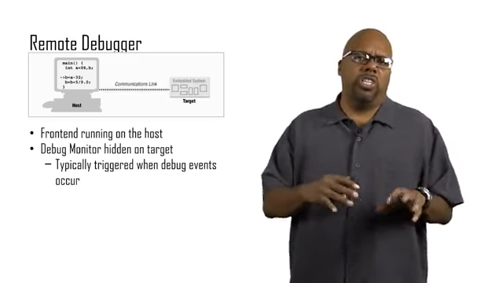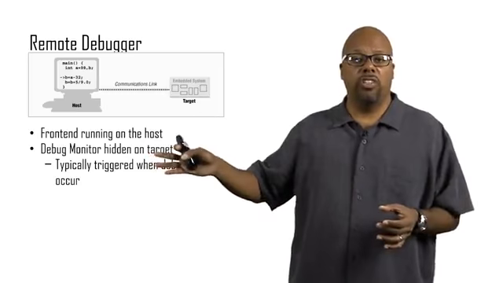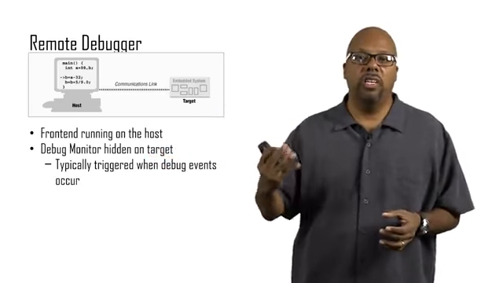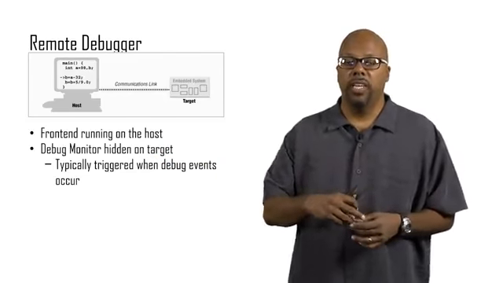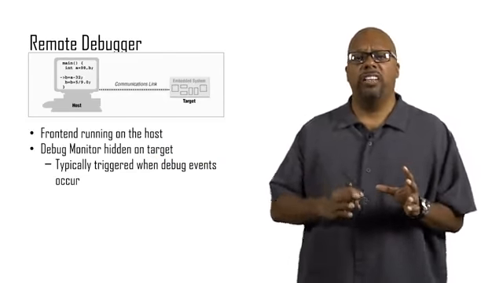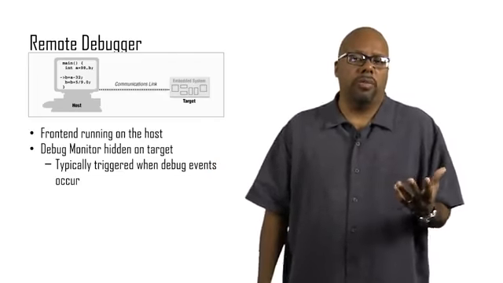So for instance, if at the host you type print the contents of variable X, that command will be sent over the communication interface, and then the debug monitor will receive it, retrieve the value of X, and send it back over the communication link. So the host front end is actually talking to this debug monitor, which is running on your Arduino along with whatever the actual code is, the functional code, the application code.